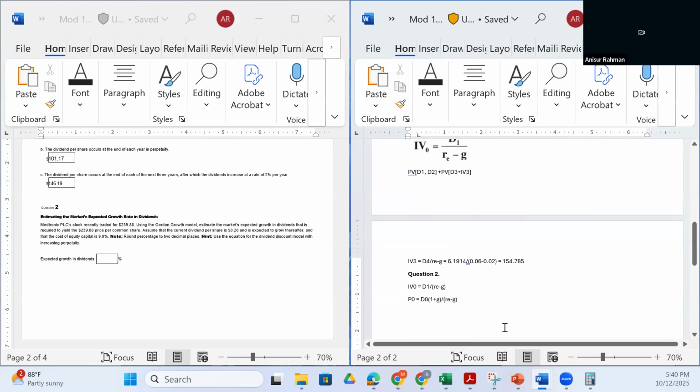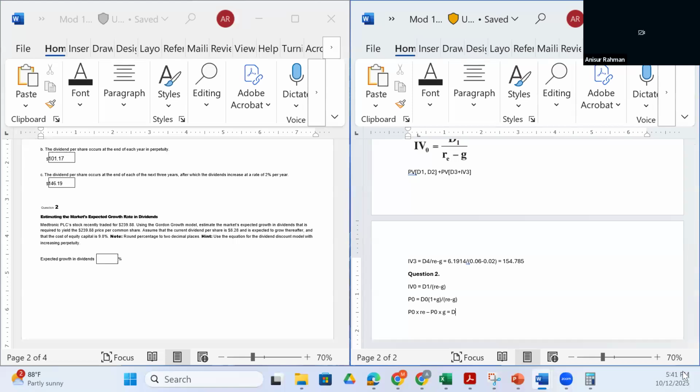So P0 times RE minus P0 times G is equal to, now on the right hand side, we have this numerator only, and we are going to multiply P0 with each of the elements within the parentheses.